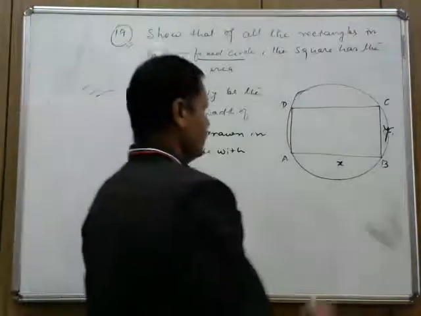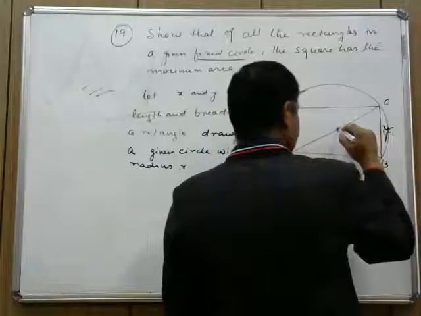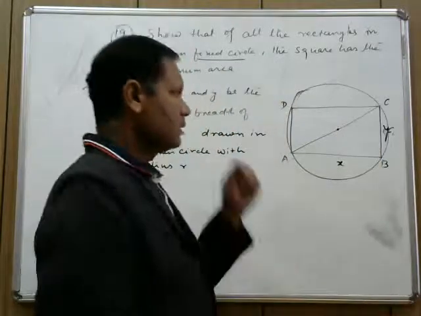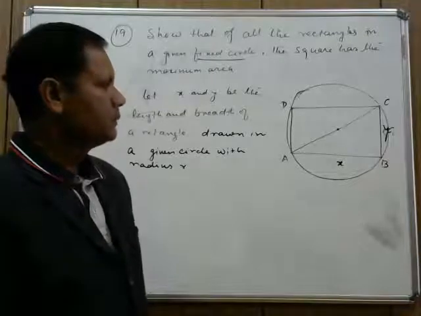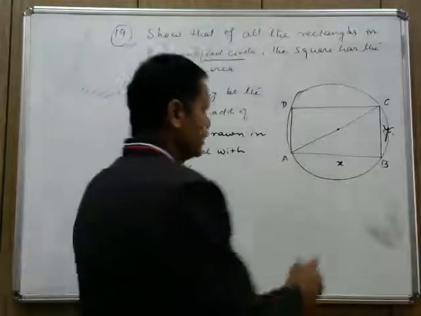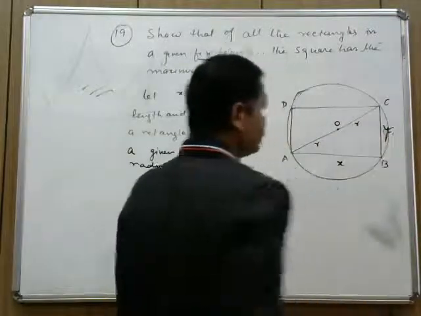Okay, now if I join it, certainly the center of the circle lies on the diagonal of the rectangle, right? And this part is given as r. This is also r.